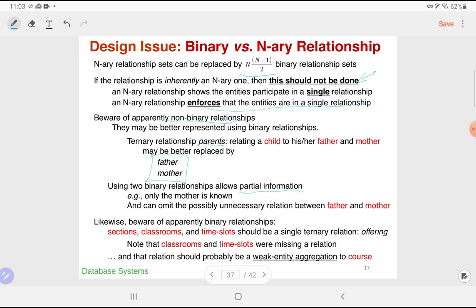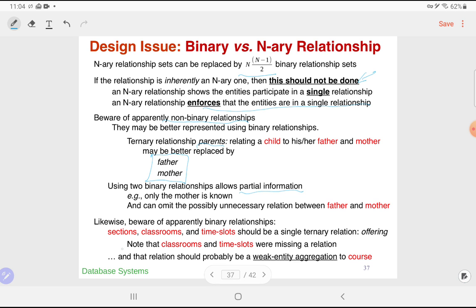Conversely, the relationship between the father and the mother may be also not necessary to know or not even known. Okay? So, in cases where it's not necessary and information might be missing, binary relationships may be preferable.